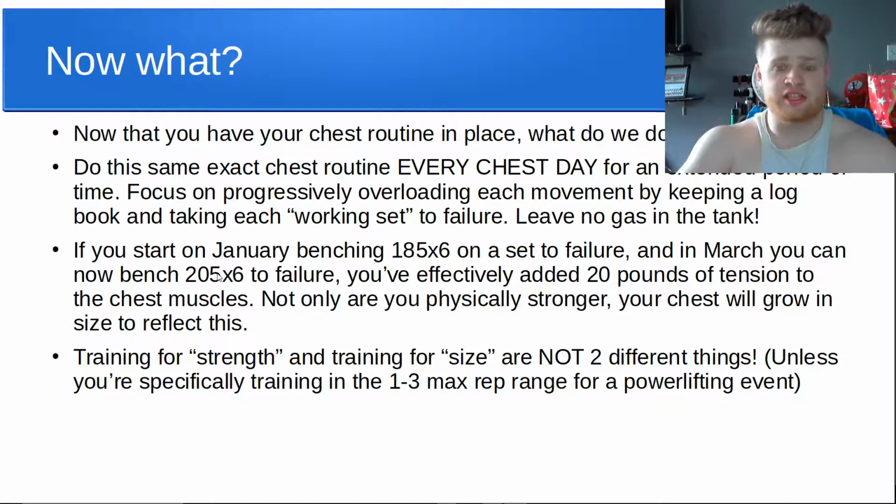You're taking the set to failure, so you're not leaving any gas in the tank. You're hitting 205 for 6 reps, and 2 months ago you were hitting 185 for 6 reps. Same amount of reps, but 20 pounds more. So not only are you physically stronger, but your chest is going to grow in order to reflect this.